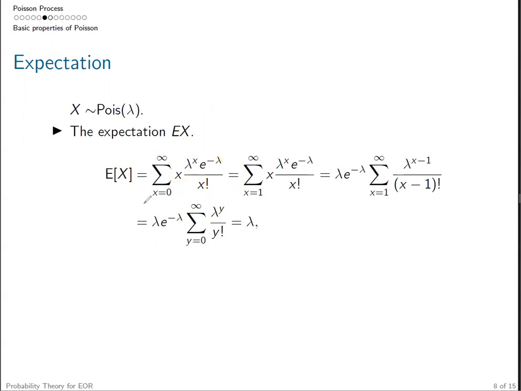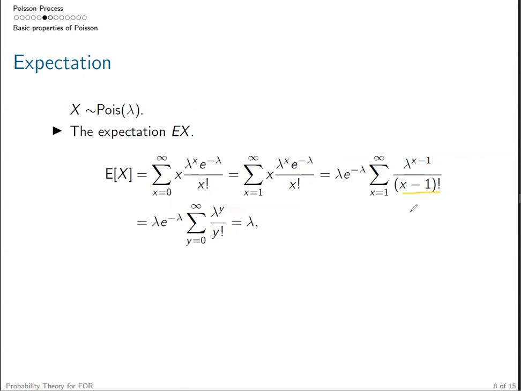Now we're going to simplify this formula a little bit. When x equals 0, the whole term is simply 0, so we can always start with 1. Now we move one lambda outside the summation, and also move the e to the minus lambda outside the summation. What's left here is x minus 1, and we also cancel the first x with the x in the factorial, so what's left here is x minus 1 factorial.